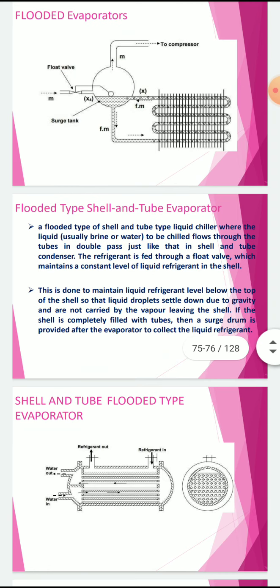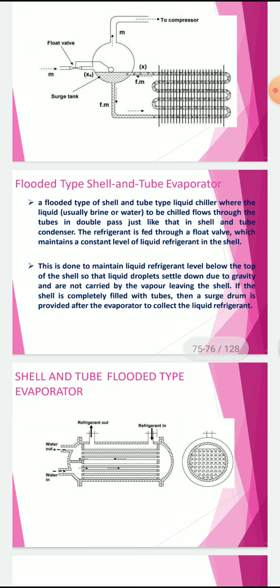A flooded type shell and tube evaporator. A flooded type of shell and tube type liquid chiller, where the liquid to be chilled flows through the tubes in double pass, just like that in shell and tube condenser.